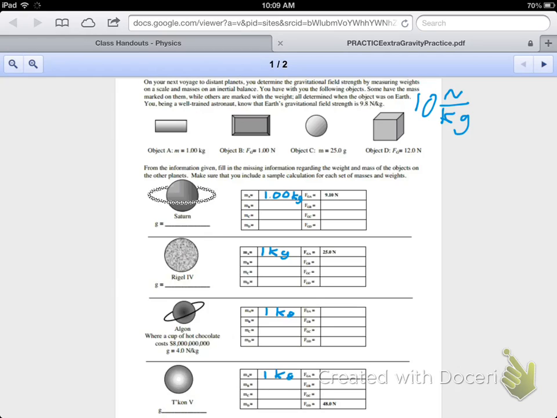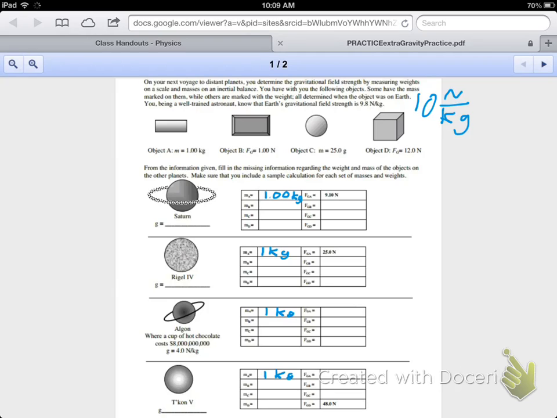Object C has a mass of 25 grams. So if we have 25 grams, that means that we can go ahead and change 25 grams into kilograms.